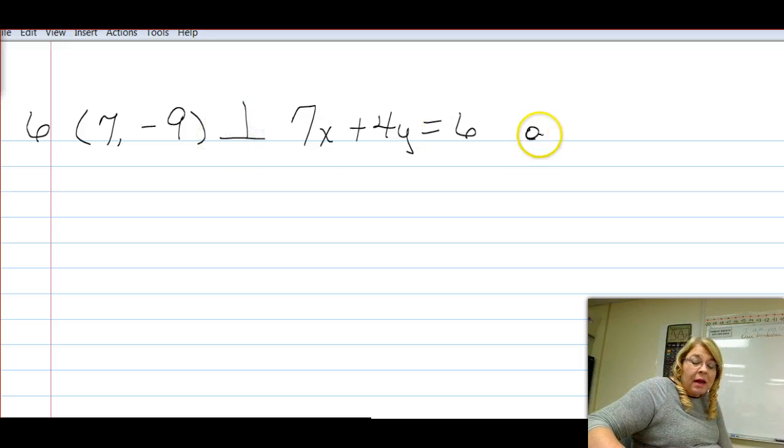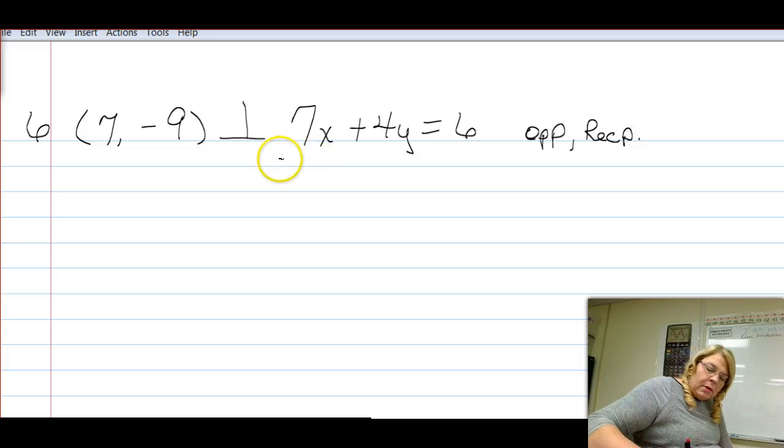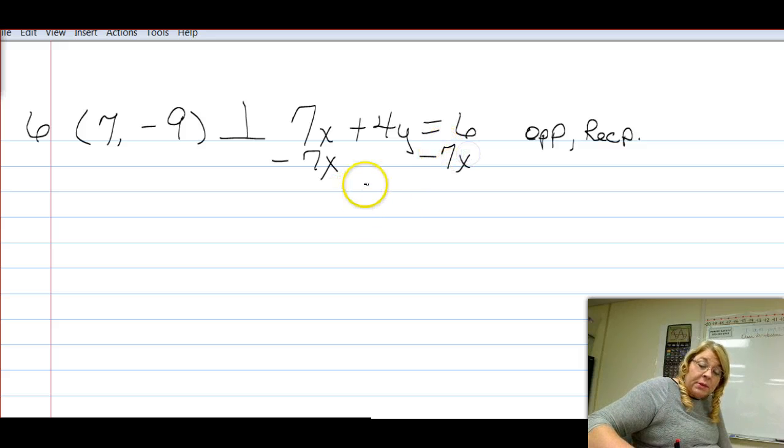That means that I need an opposite sign and a reciprocal slope. So I need to find the slope of this line first, and then I'll figure out what the opposite reciprocal of it looks like. I subtract 7x from both sides to give me -7x plus 6.